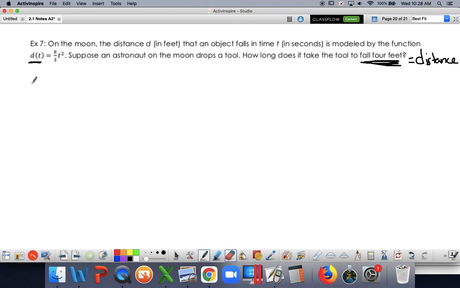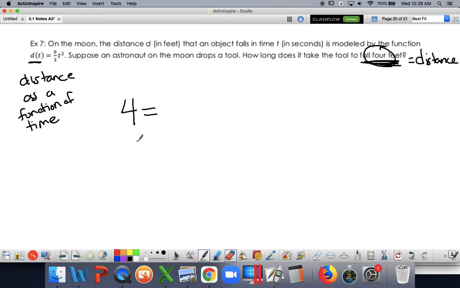This function here says the distance as a function of time. So don't let the d of t confuse you. We are going to take this number 4 and replace d of t completely with 4 because the distance is 4 feet. What I don't know is the t. I'm trying to solve for the t.